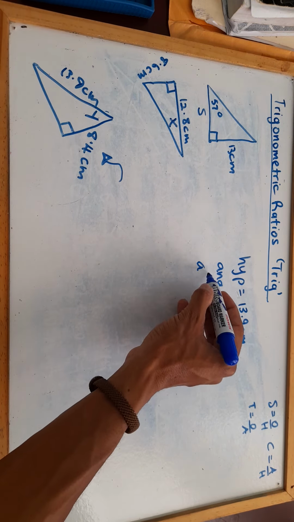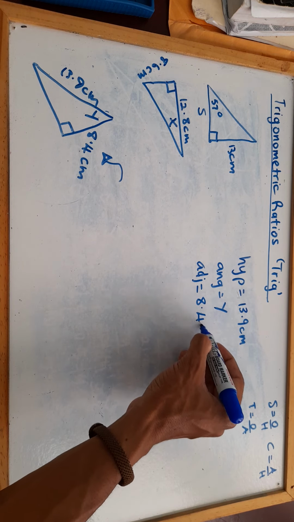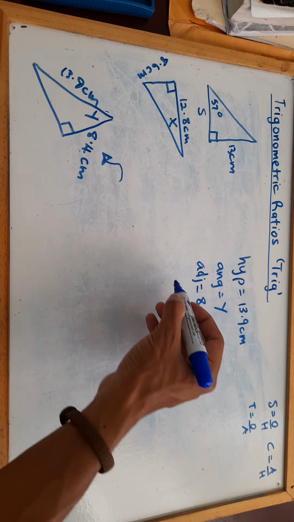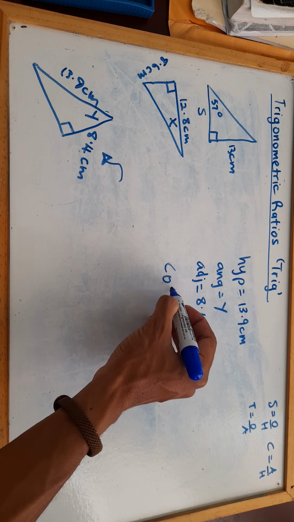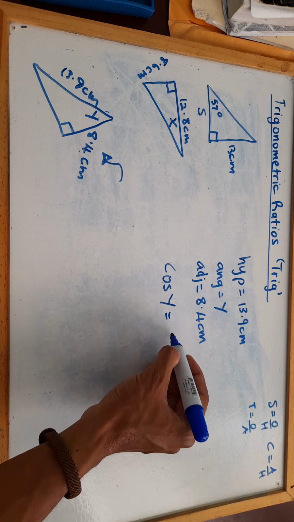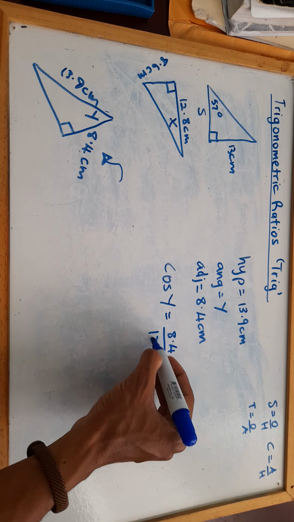So we have the adjacent, 8.4 cm. And now the same process applies. Since it's adjacent to our hypotenuse, we use cos of angle y is equal to our adjacent side over our hypotenuse.